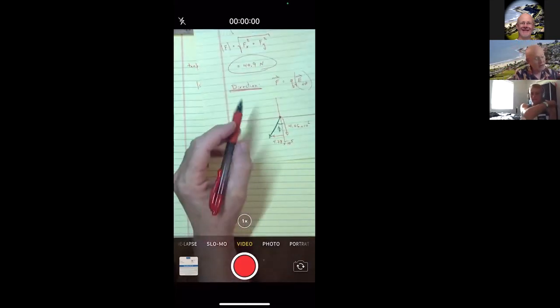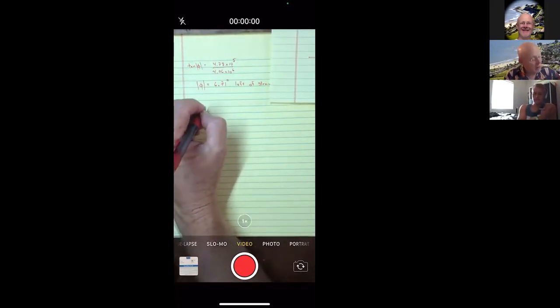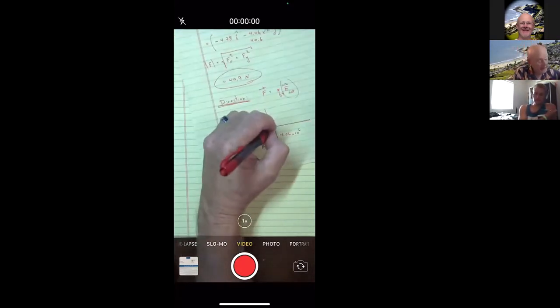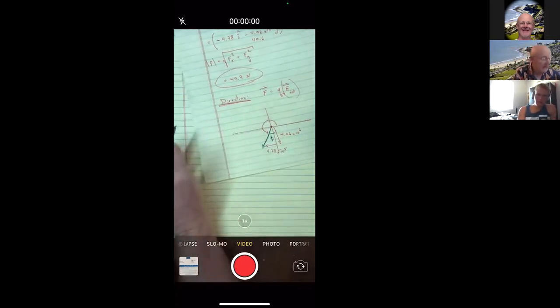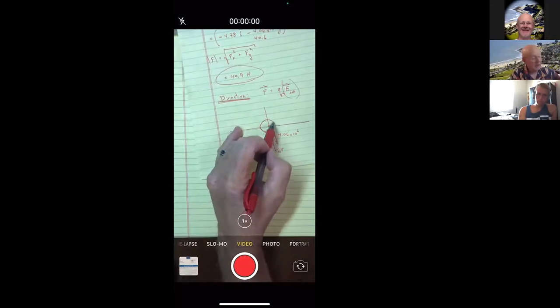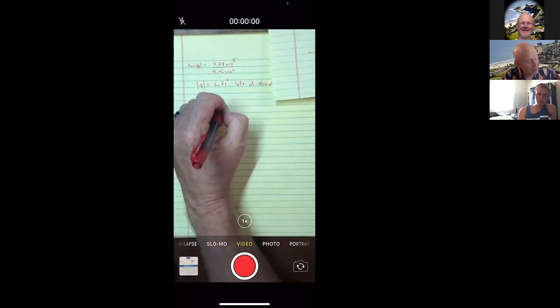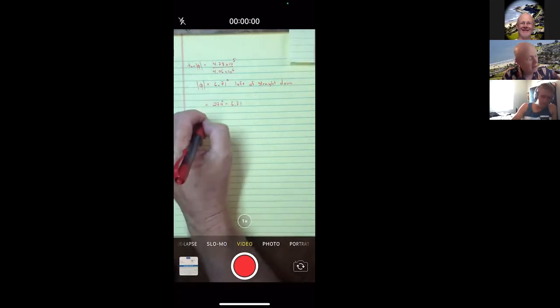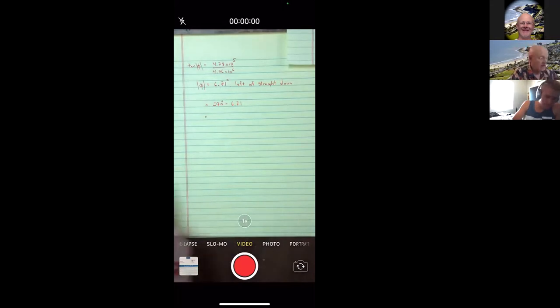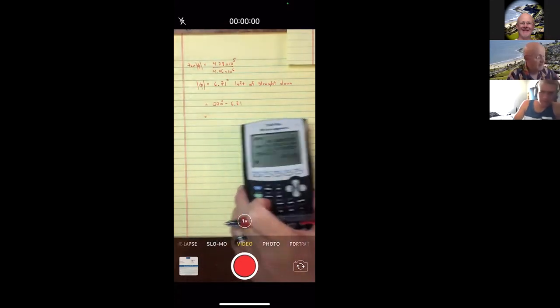If we use the traditional mathematical idea of an angle measured from the x-axis, I guess we would go all the way around, which is 270 degrees, and go back 6.71. What's that come out to be? 270 minus 6.71.